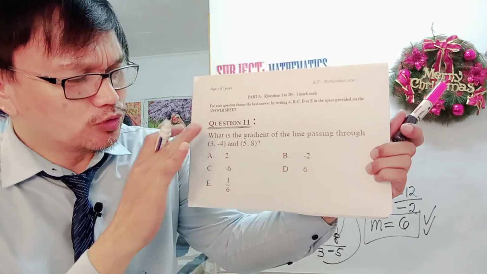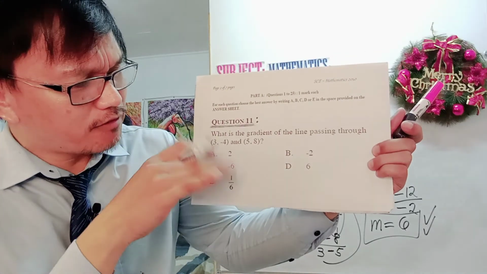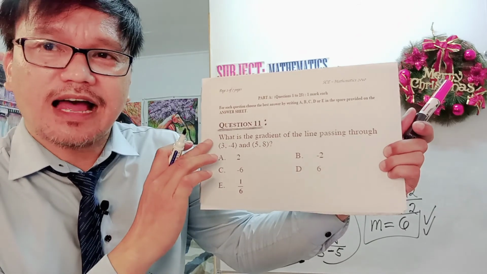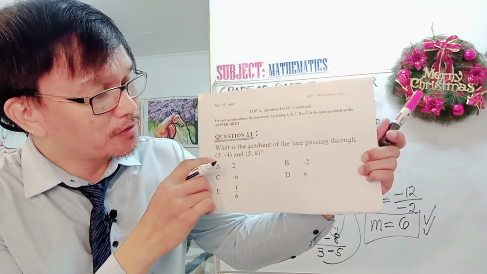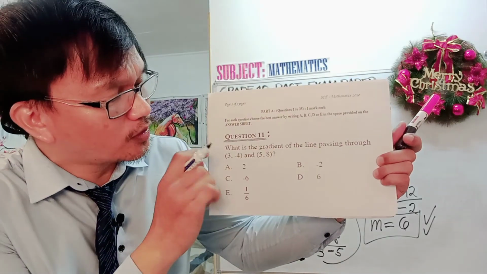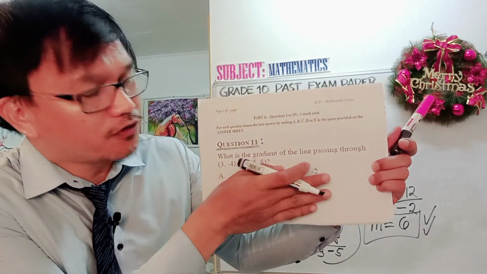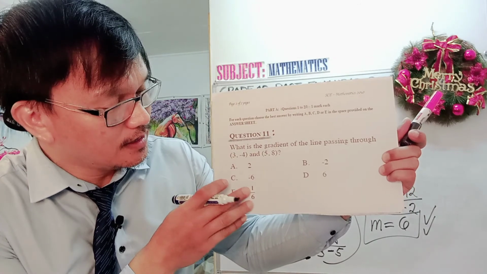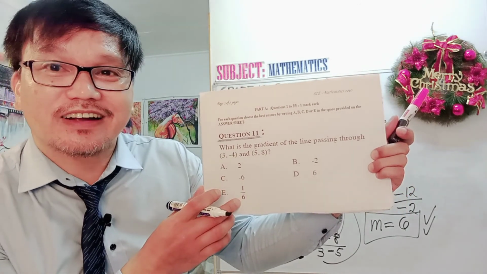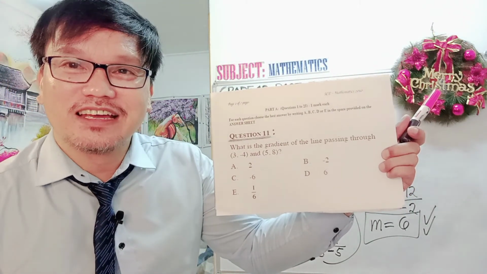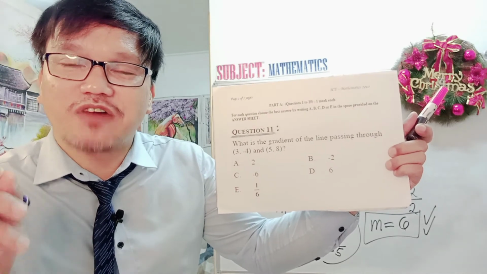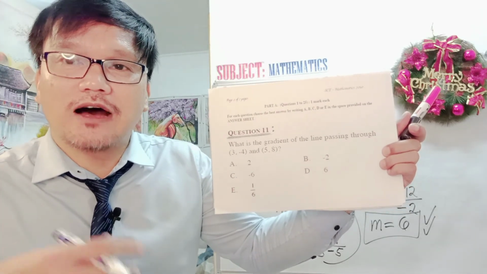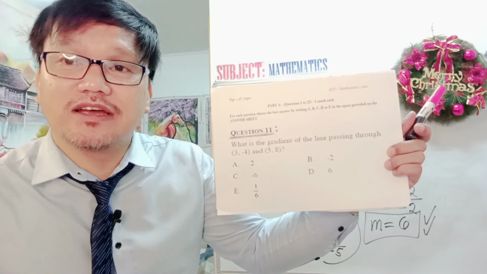You are not going to play around with the options. You really have to work it out so that you will secure the correct answer before looking at the options. I hope that is clear now. This is question number 11 on the topic linear function.